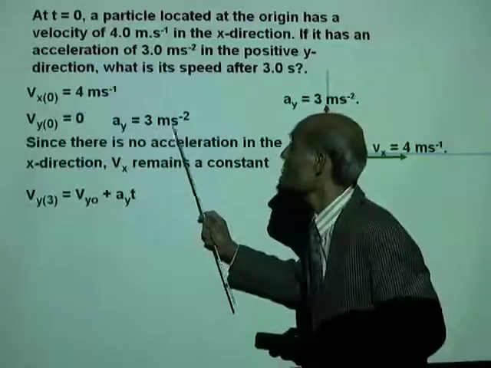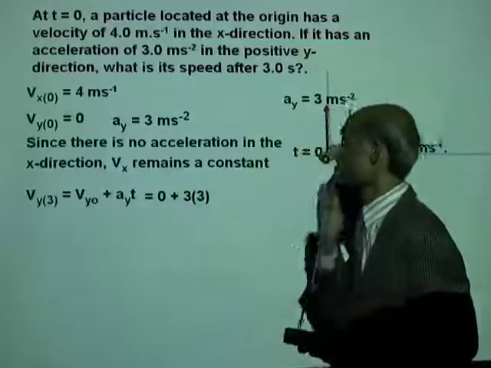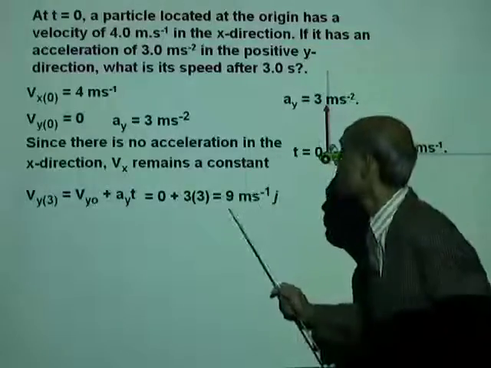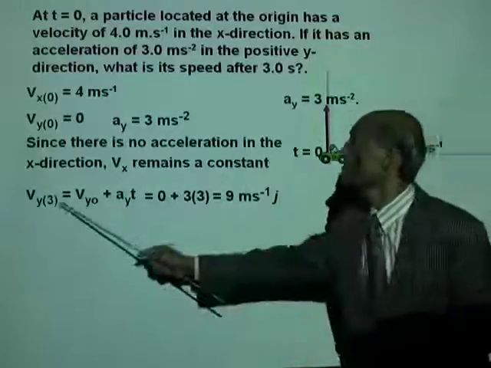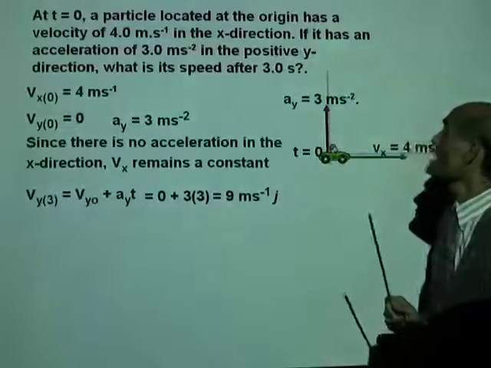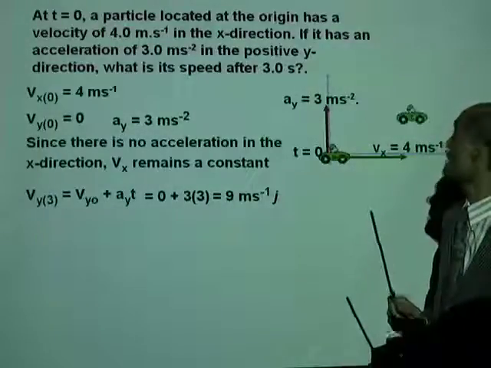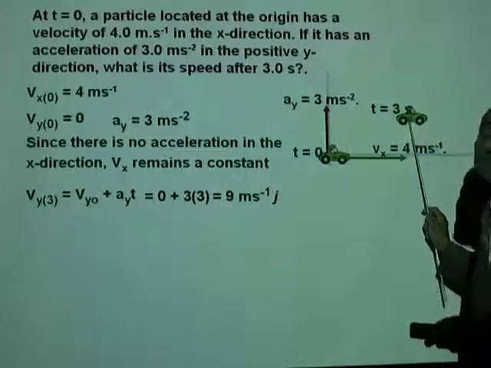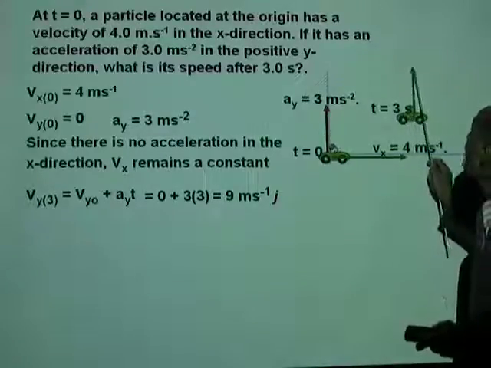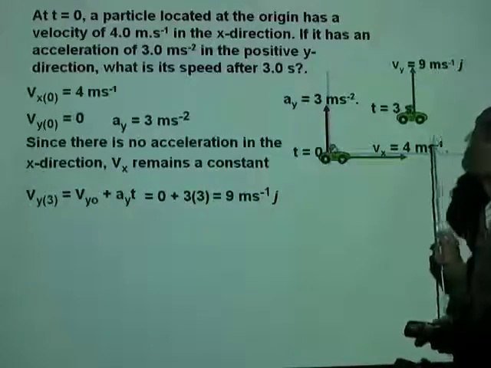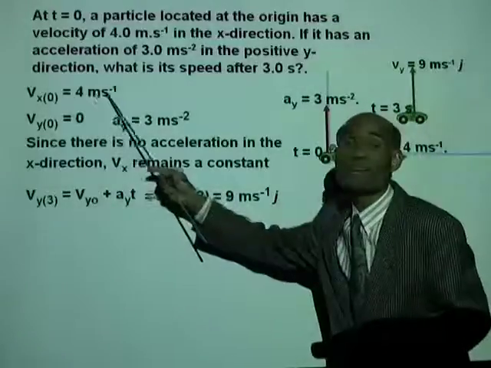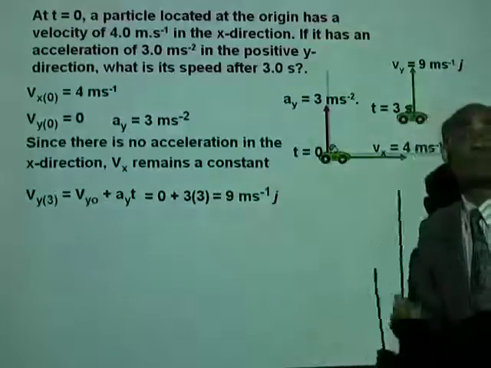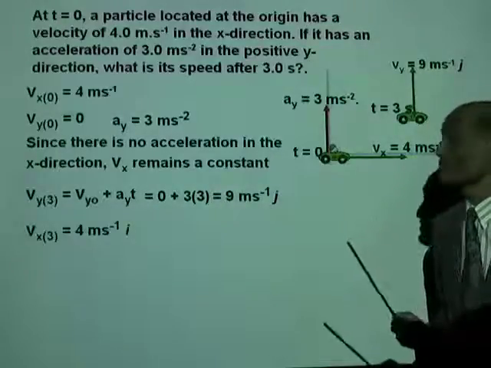Acceleration is 3 meters per second squared. So its y velocity after 3 seconds will be 9 meters per second j. So after 3 seconds, it has a y velocity of 9 meters per second and an x velocity of 4 meters per second. See that?